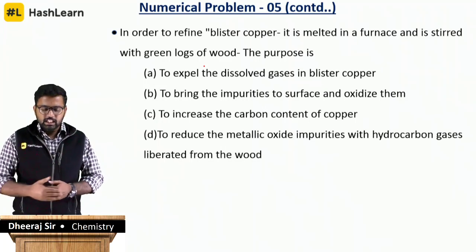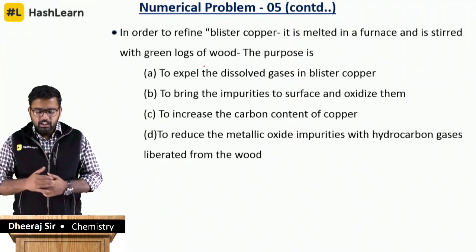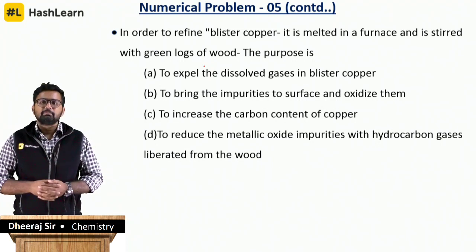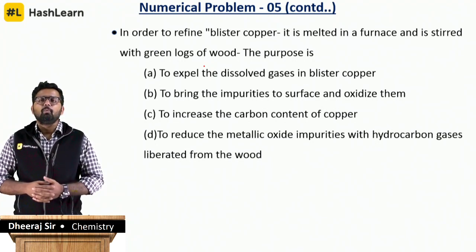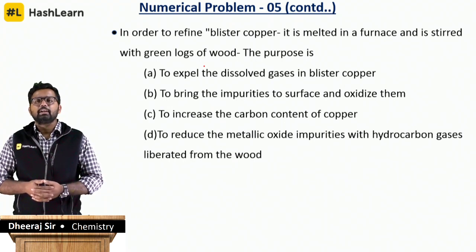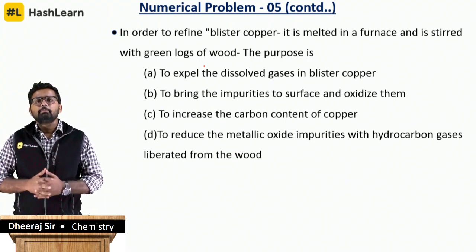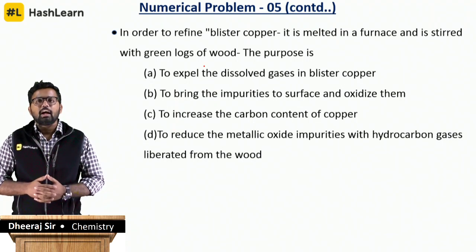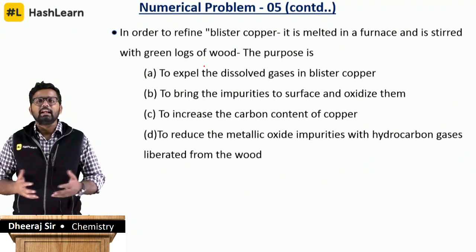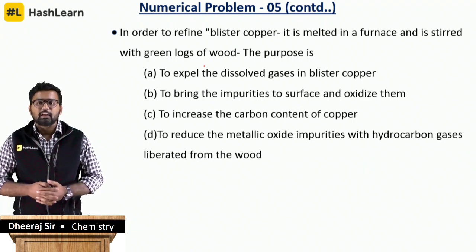Now from there, he's taking it ahead and telling us blister copper is melted and then stirred with green logs of wood. The purpose is very simple. If I put green logs of wood into molten metal at very high temperatures, the hydrocarbons in the wood decompose, releasing hydrocarbon gases, which are very good reducing agents.